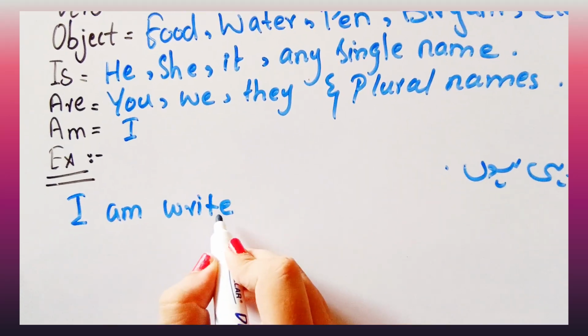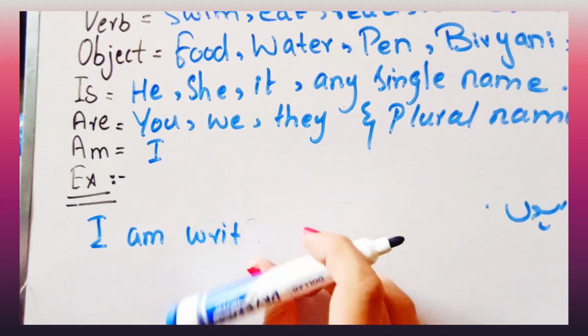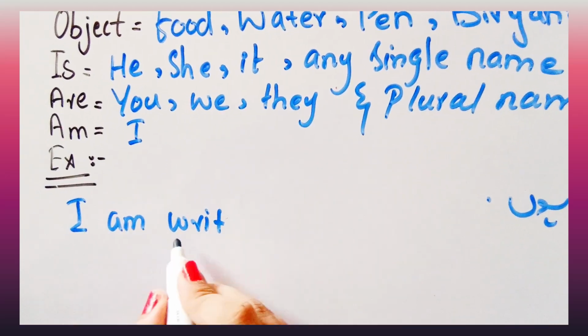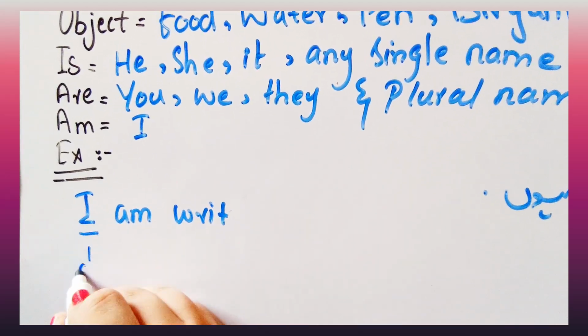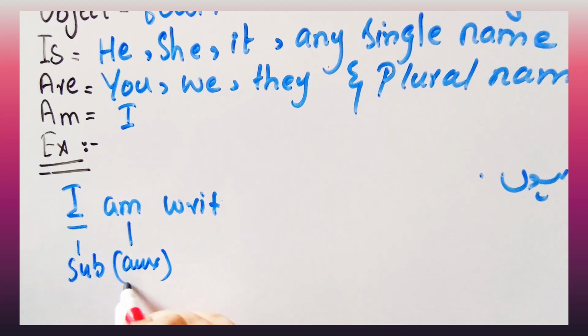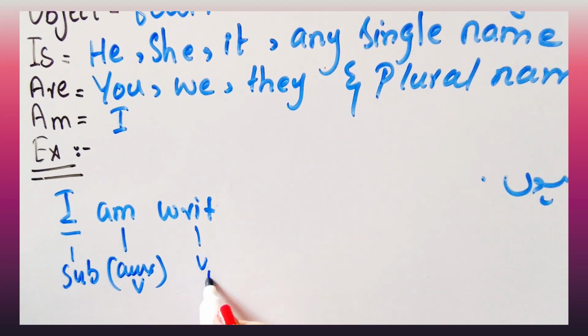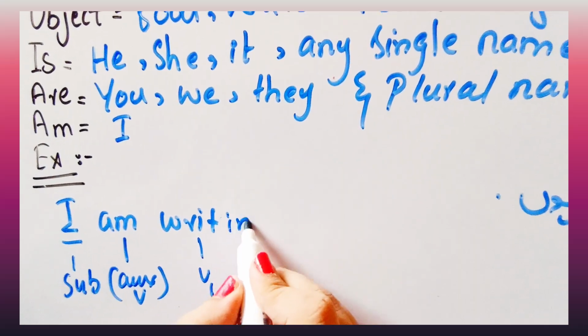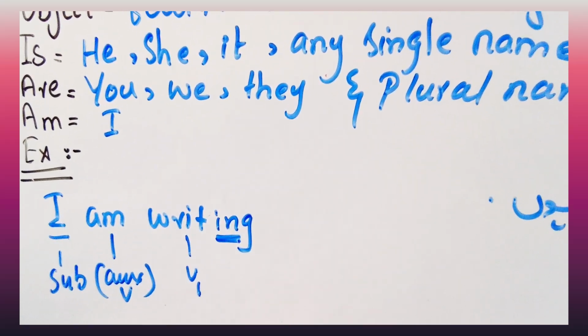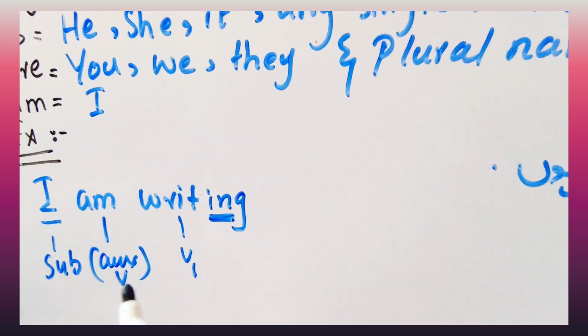This is the first form of the verb, but I will remove, as we all know, when we basically add ing. So I am: this is the subject. This is the auxiliary verb, and this is the first form of the verb with ing. So these are very important components that we need to understand in present continuous tense.